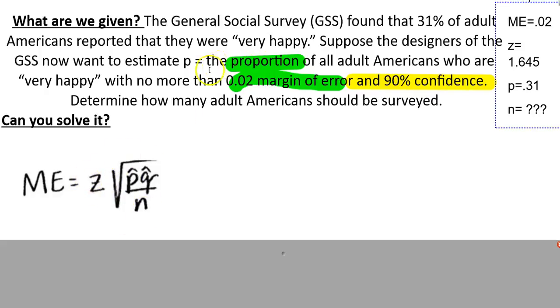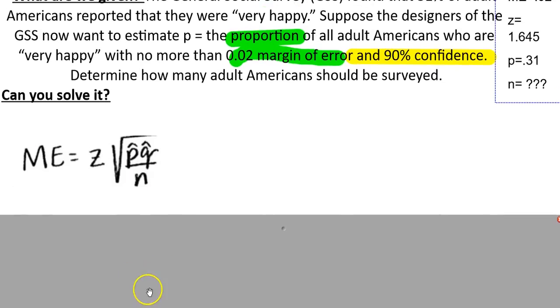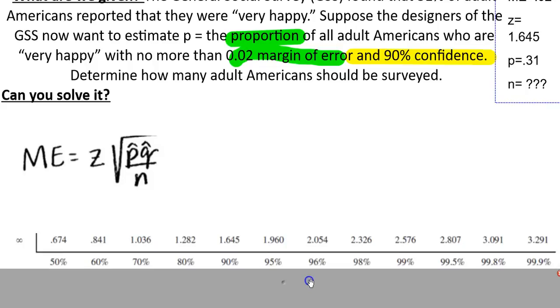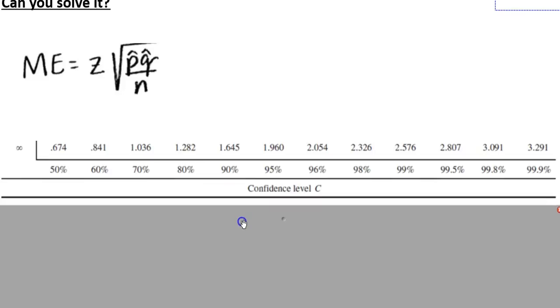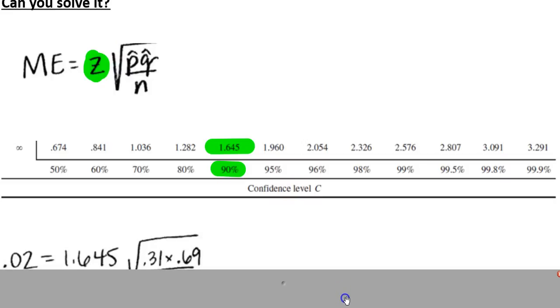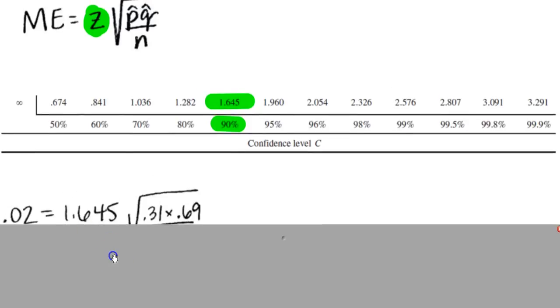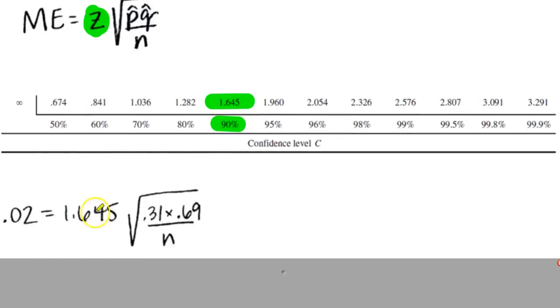For proportions, the critical value is a Z, and the standard deviation is the square root of P hat times Q hat over N. So if we plug in these values, getting that Z from the chart from yesterday, 90% confidence tells me I'm looking at 1.645, and that's what I'm going to plug in for my Z. I already know my P hat is 0.31, so we're going to start plugging in values. I plug in my margin of error, 0.02, my Z, 1.645, my P hat, and my Q hat.